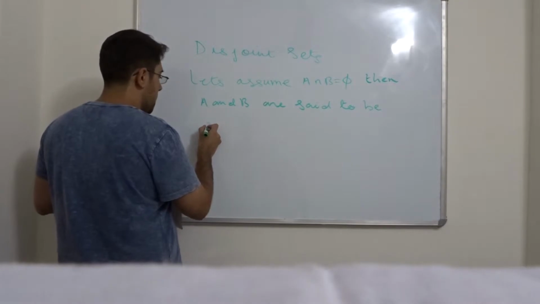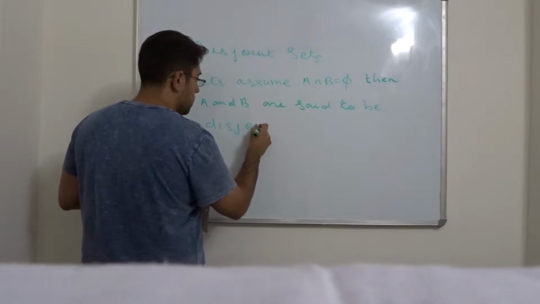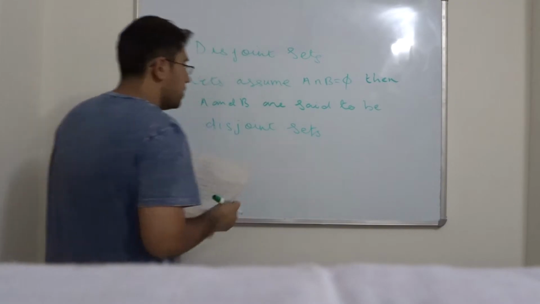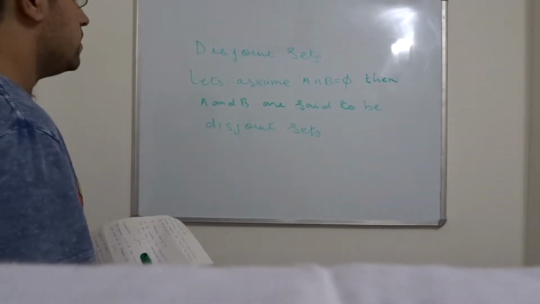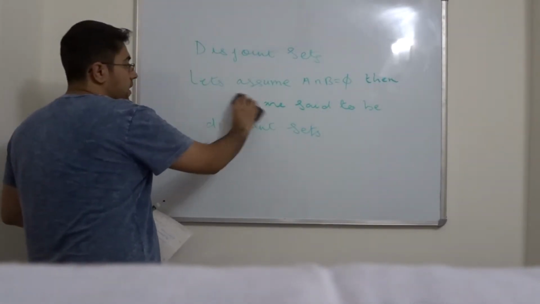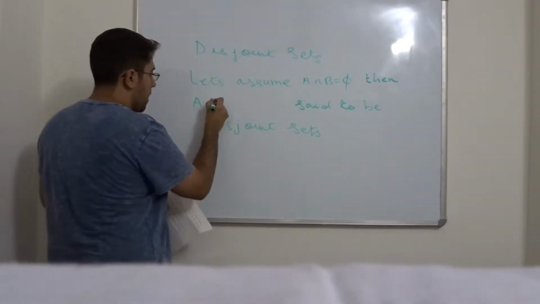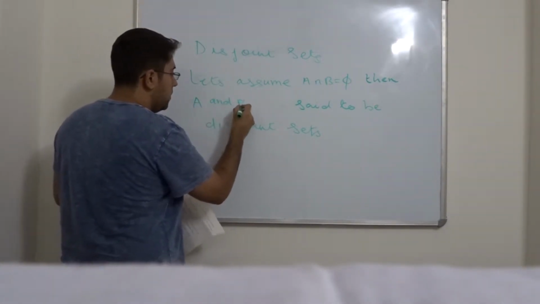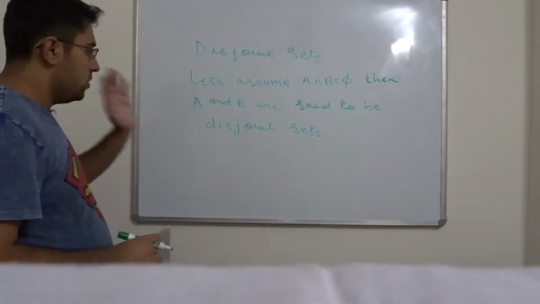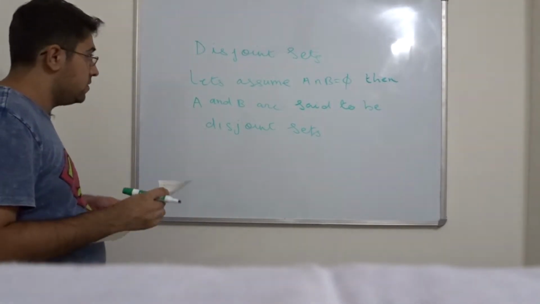Disjoint sets. So what does this really mean, guys?